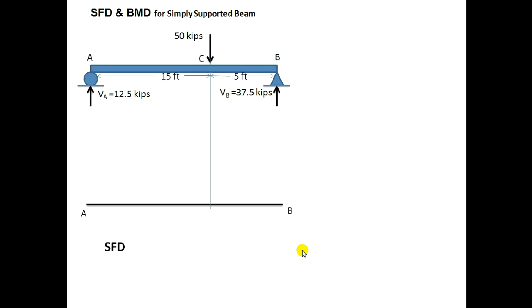Now we will draw the SFD, shear force diagram. This is my V1. Shearing force at point A is equal to reaction at point A. This is positive.